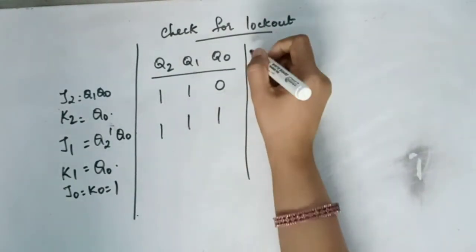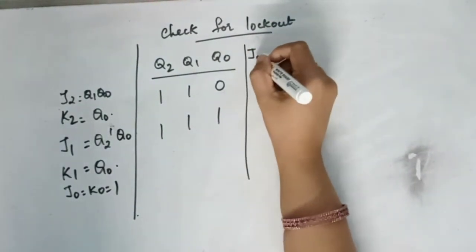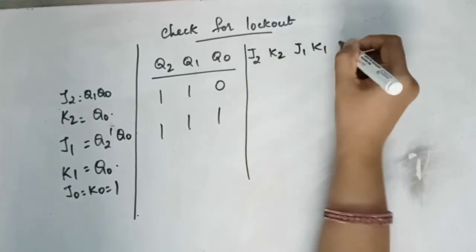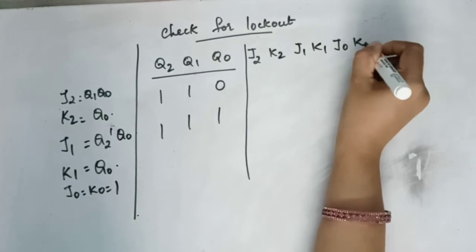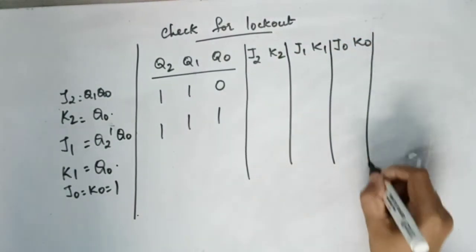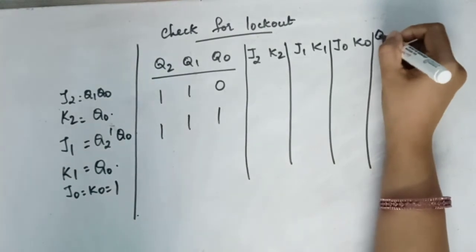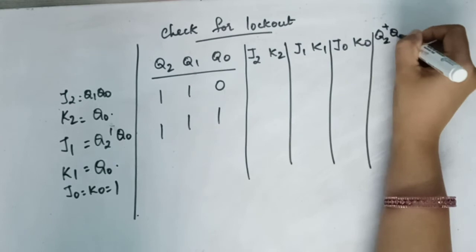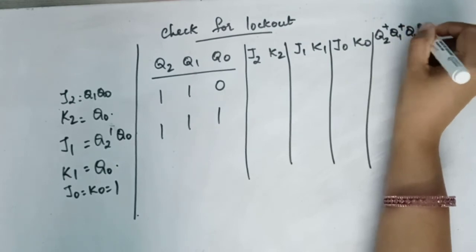And what do we have? We know J2, K2, J1, K1, J0, K0. How do we know that? From the equations. Then we'll check for Q2 plus, Q1 plus, Q0 plus.